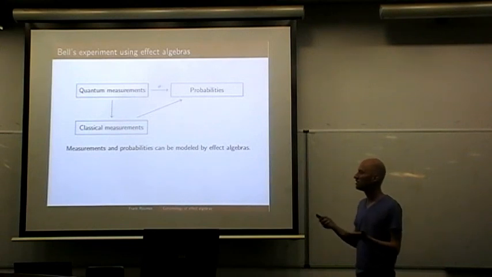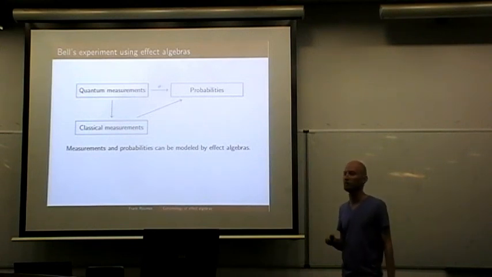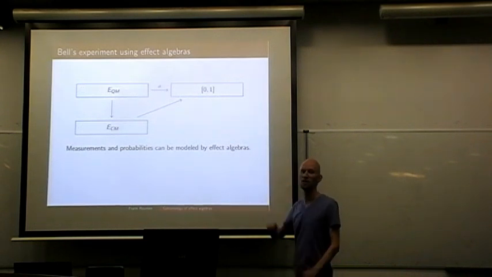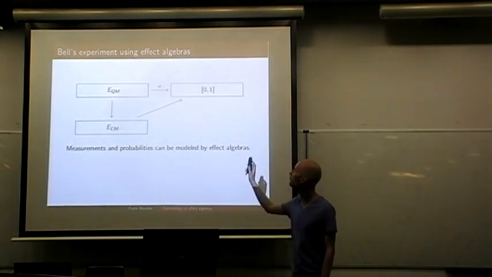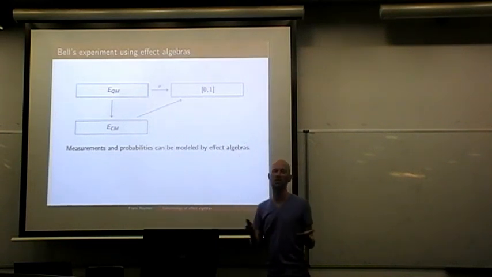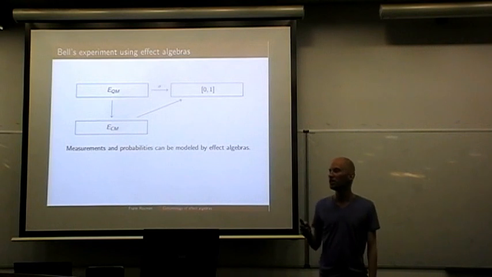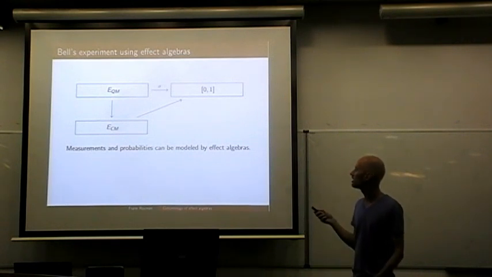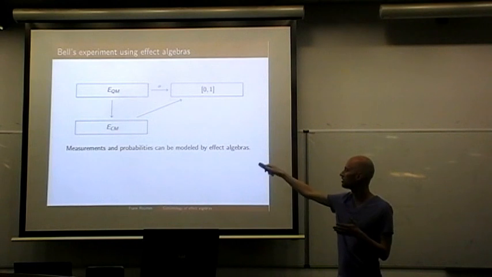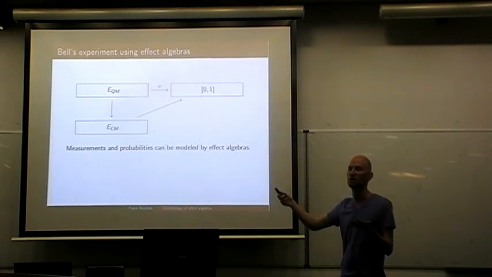But measurements and probabilities can be modeled by effect algebras, as we saw before. So for each of the things in the boxes, we have an effect algebra modeling those things. We have one for the quantum measurements, one for the classical measurements, and the probabilities become the numbers in the unit interval. So now we have an effect algebra of quantum measurements and a state on it, and we want to know whether this state factorizes through an effect algebra of classical measurements.